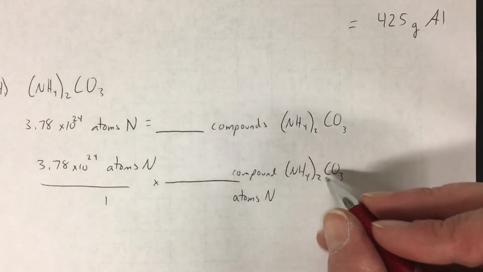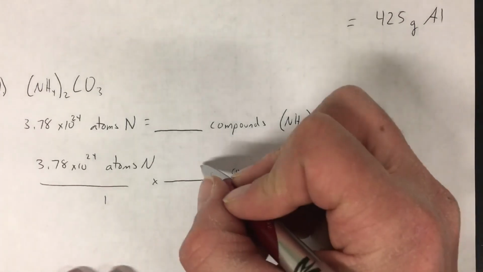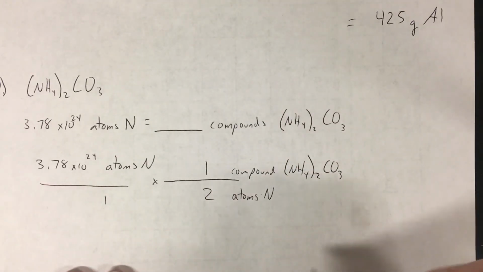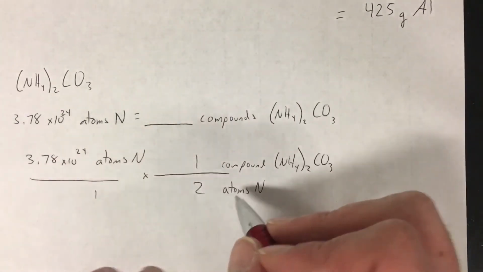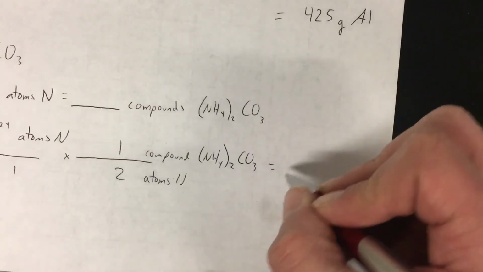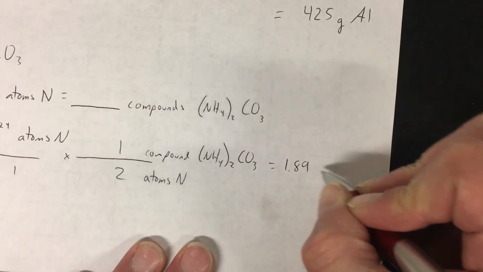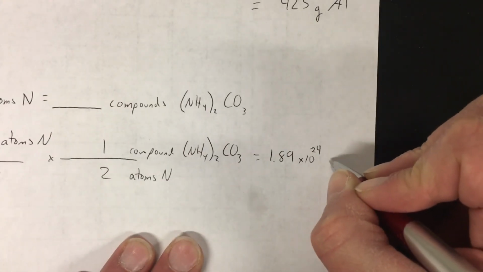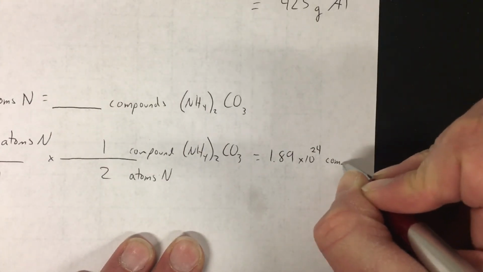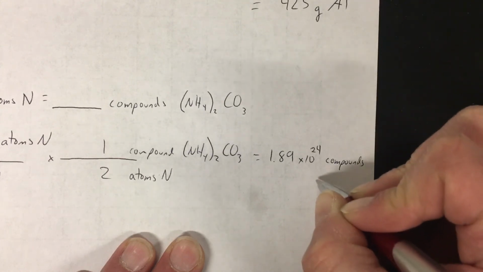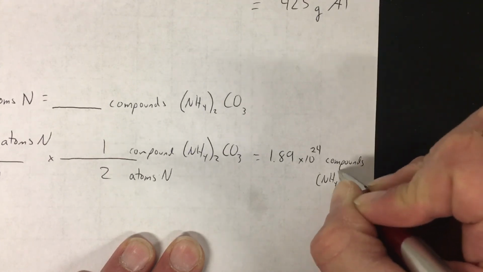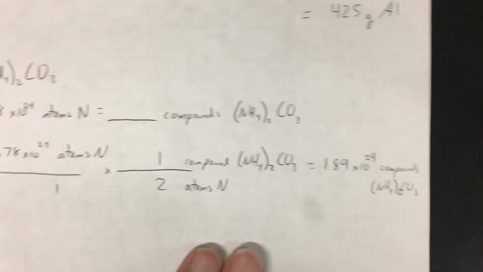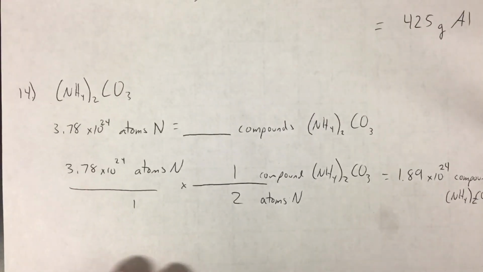We know, just by looking at the formula, that in one compound we have 2 atoms of nitrogen. So all you have to do here is divide by 2. So hopefully that helps. If you have any other questions, just shoot me a message.